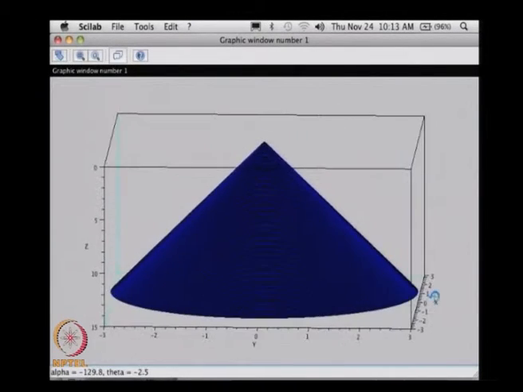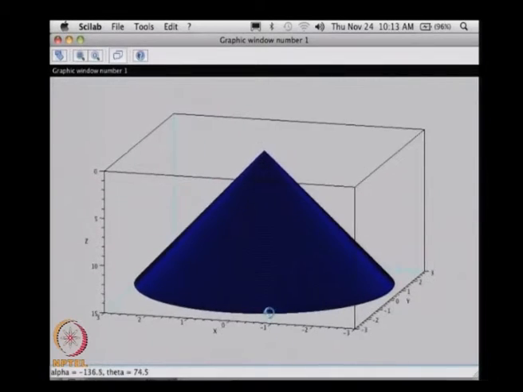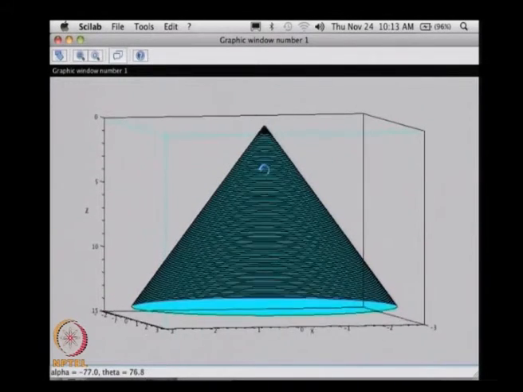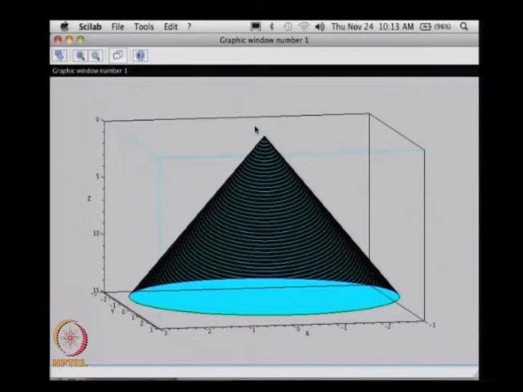So we have a surface of rotation, and this is what it looks like. You can see that these are two totally different physical bodies, and these lines here also indicate that it's a surface of rotation.